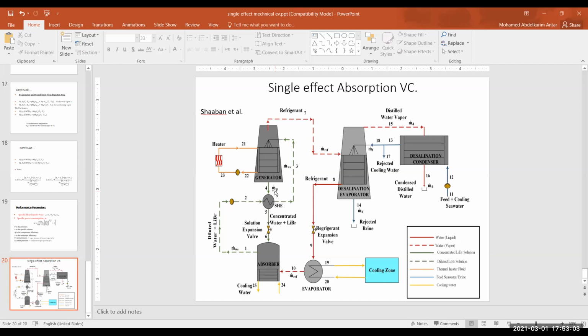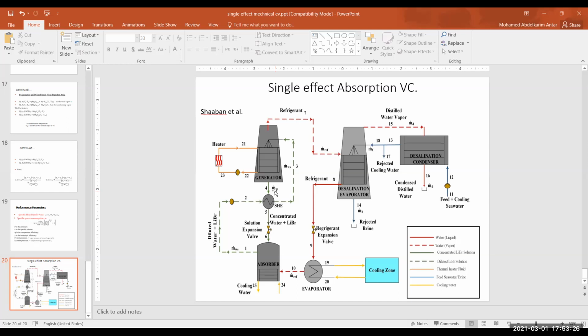And then you are going to compress the lithium bromide solution using a pump to a high pressure. After you do that, you are going to heat that diluted solution so that the vapor leaves, and then you have vapor at high pressure and temperature. So it's as simple as that.